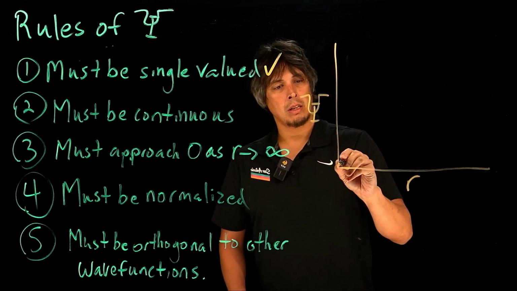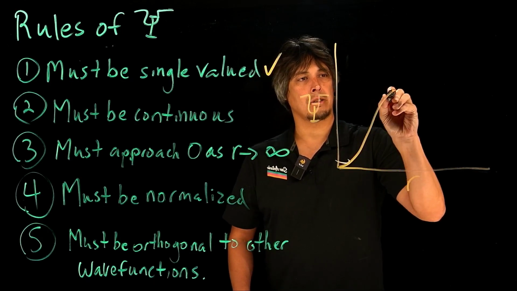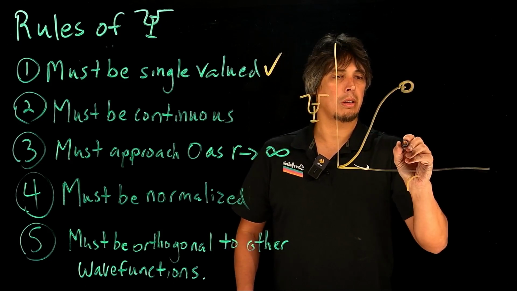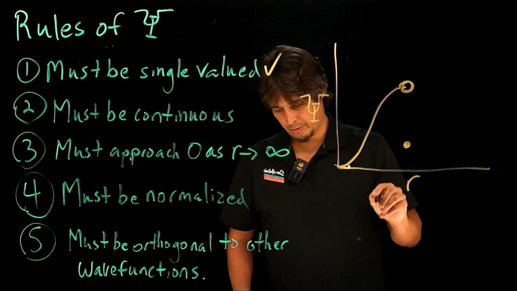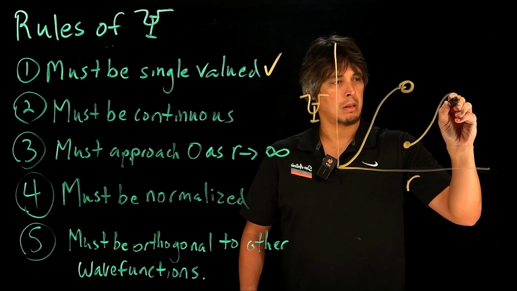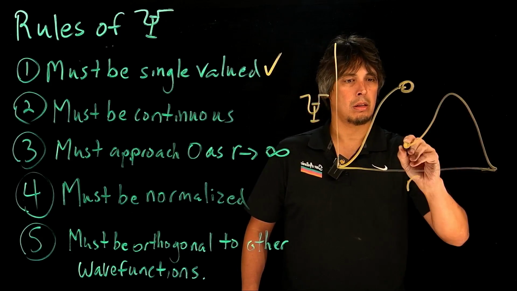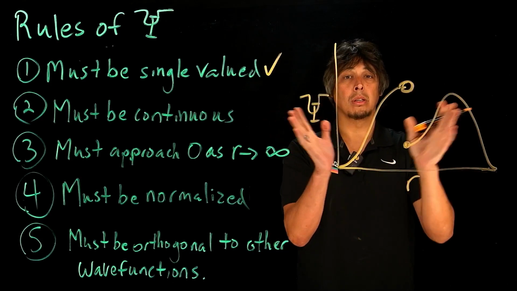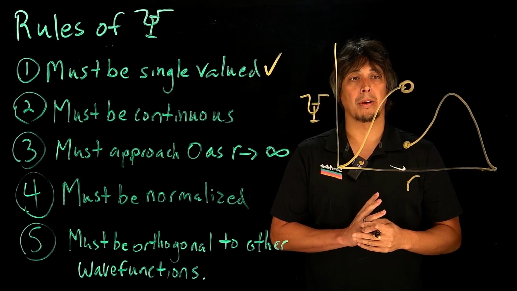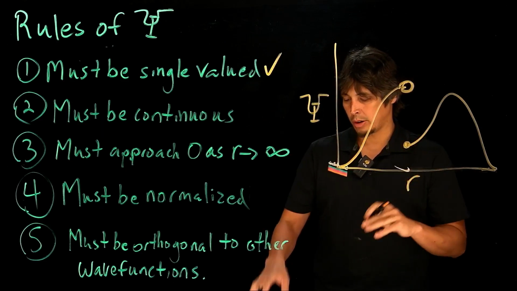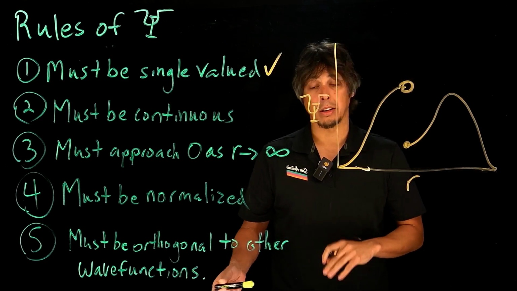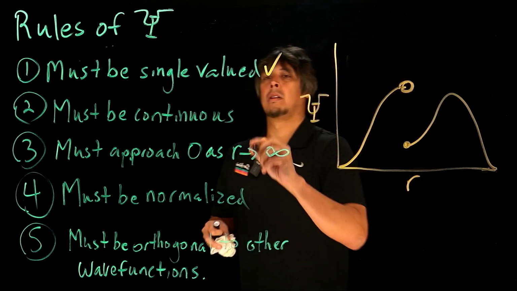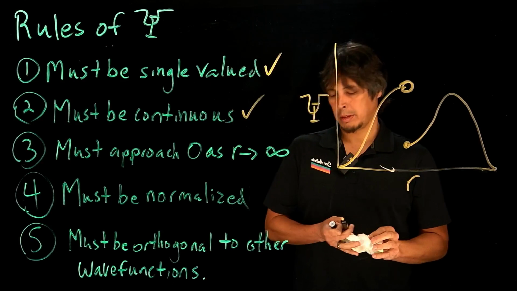So let's say we have a function that looks like this, where we have a non-inclusive point here, and then this picks up somewhere else on the y-axis. Okay, there's a discontinuity within this figure, and so that would also not be a valid wave function. All right, so the wave function must be continuous.